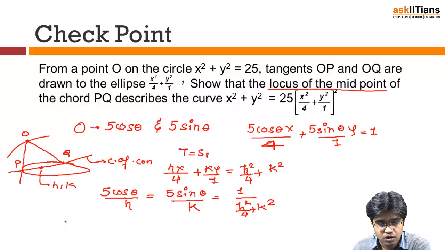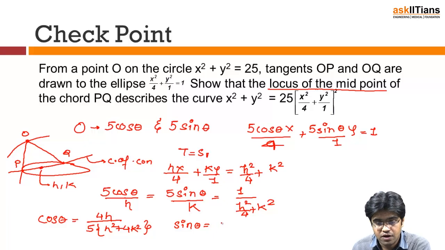From this, I can clearly see that the value of cos theta is 4h divided by 5 times h square plus 4k square. Similarly, sin theta will become 4k divided by 5 times h square plus 4k square. Now it's very simple. We need to square and add these equations.